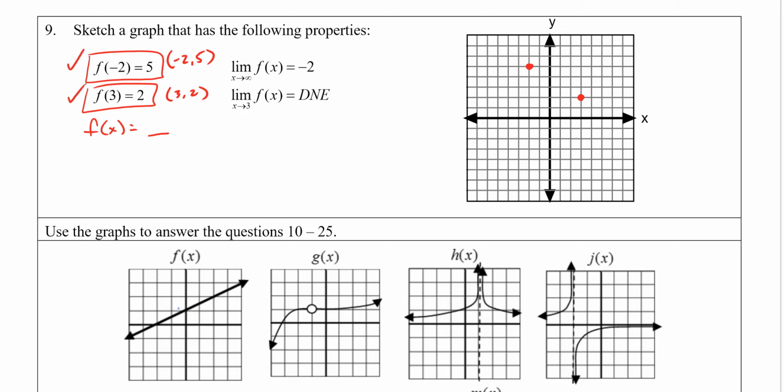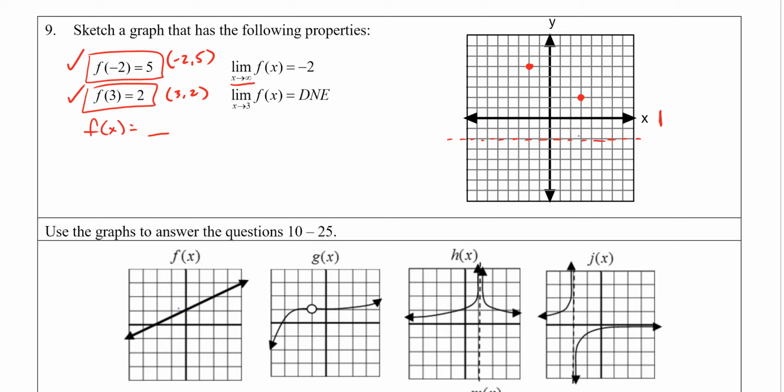Now I want the limit as x goes to infinity of the function to be negative 2. So that means that at some point, here's negative 2. As x gets really large, so as I'm all the way over on the right side of my graph, my function needs to be approaching negative 2.